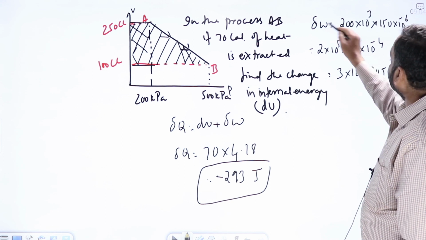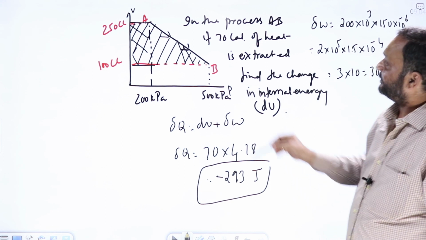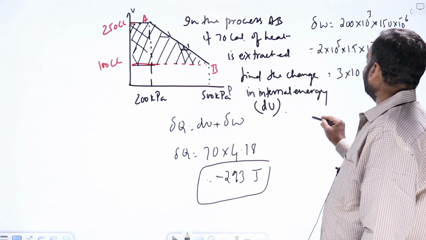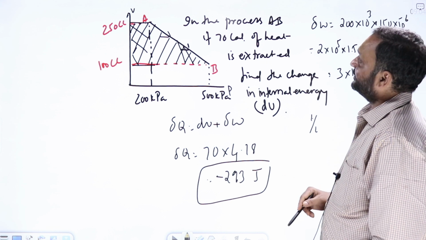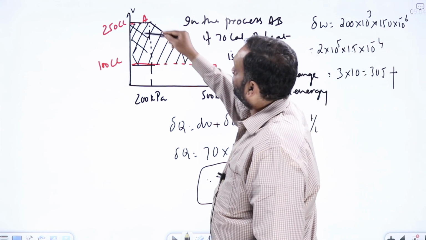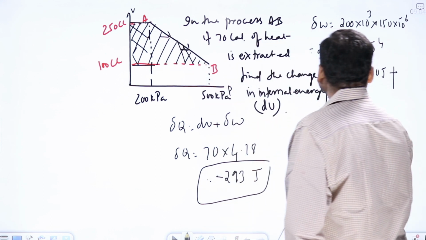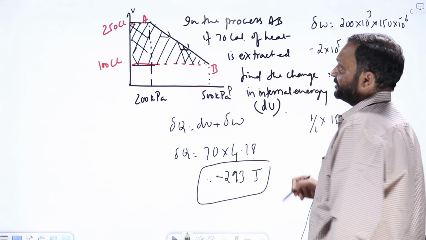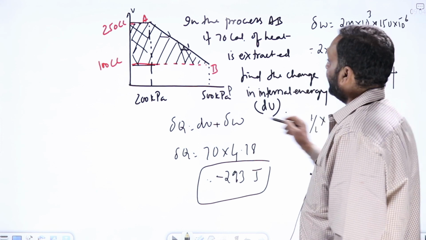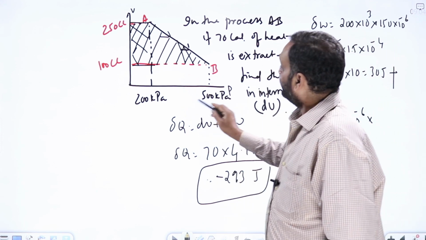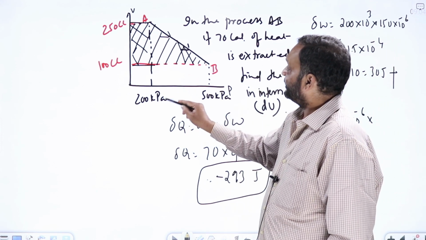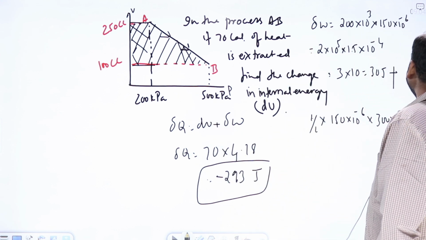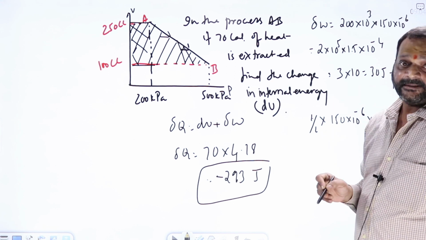Okay, this plus, now I have to add the area of this triangular part also. What is the area of the triangular part? Half base into height. What is the base of the triangle? 250 minus 100, it is 150 cc. 150 into 10 to the power minus 6 as usual, into height of the triangle, from here to here, 500 minus 200, that is 300 kilopascal, that is 300 into 10 to the power 3 Newton per meter square.